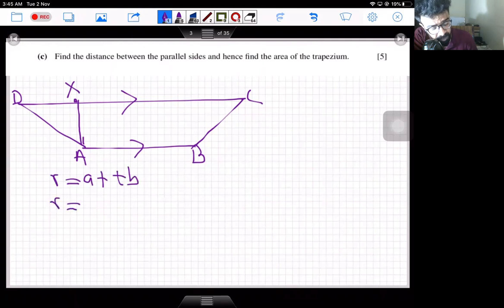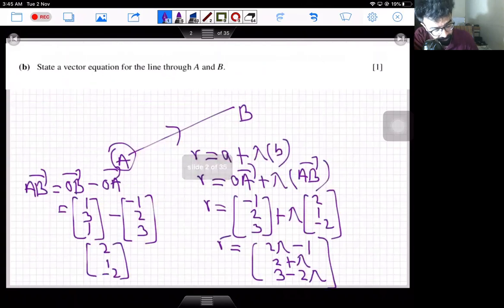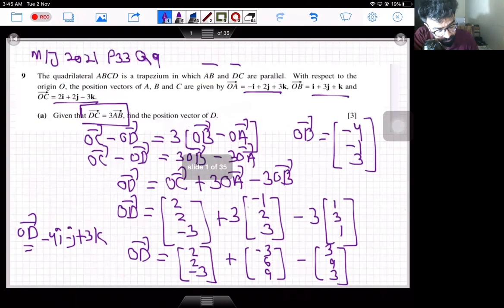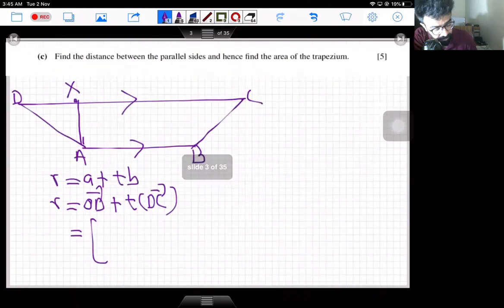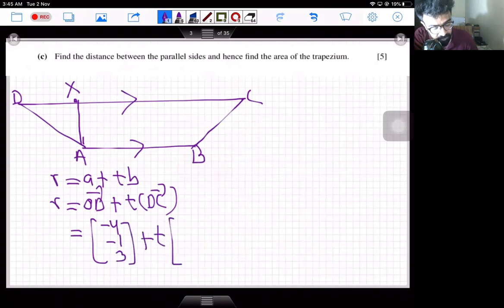So r is equal to, I'm starting from the point OD. This is my position vector, and t times the direction vector DC. So OD is basically how much? -4, -1, 3, plus t times DC. First of all, we need to find the vector DC. So DC is basically equal to OC minus OD.